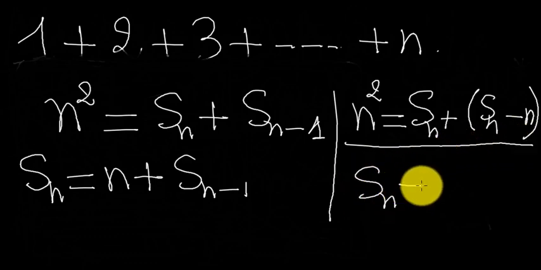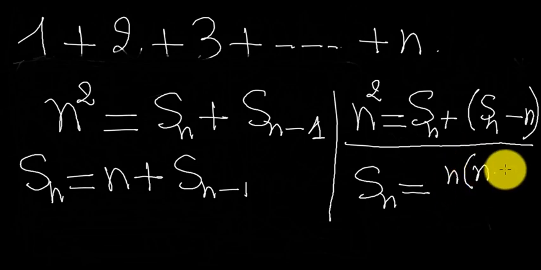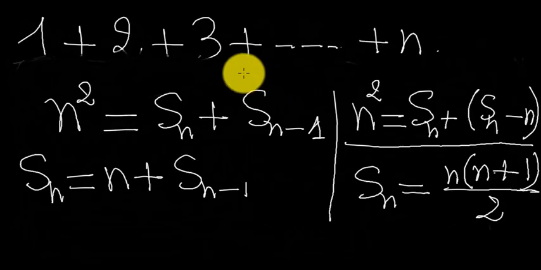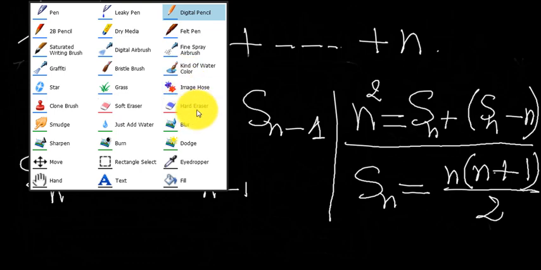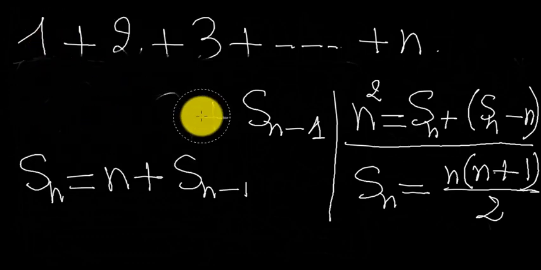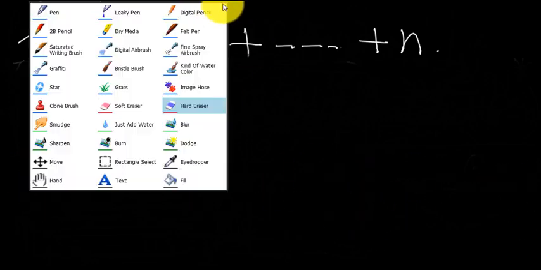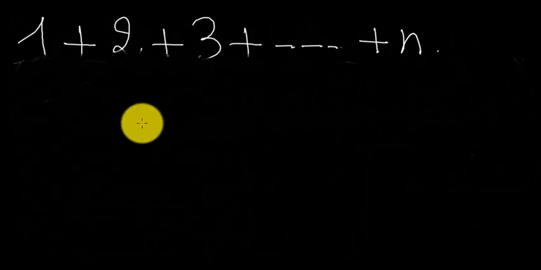And if we do the calculations and continue until the end, we'll find that Sn is equal to n times n plus 1 divided by 2. So this is the formula for this part. Let me free some space here just to ensure that we write the formula in a good way.